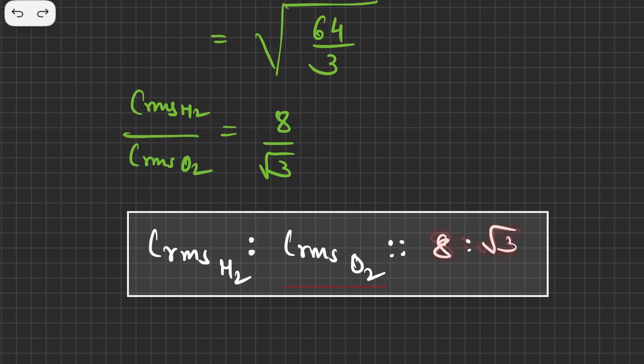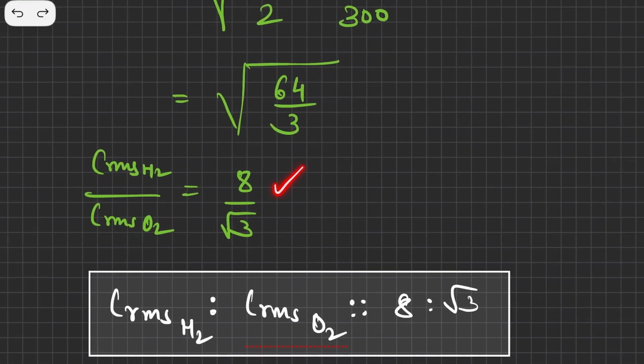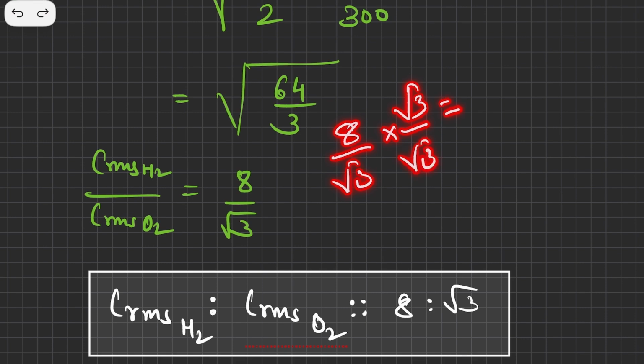Now depending upon which board you are, you can just go through and calculate this part. In case you are in a board where calculator is allowed, this is just a piece of cake. Otherwise, in case you are not allowed, then you can solve it multiple ways. So I can even rationalize this. I'll multiply this by root 3 and divide this by root 3. So I get 8 root 3 upon 3.